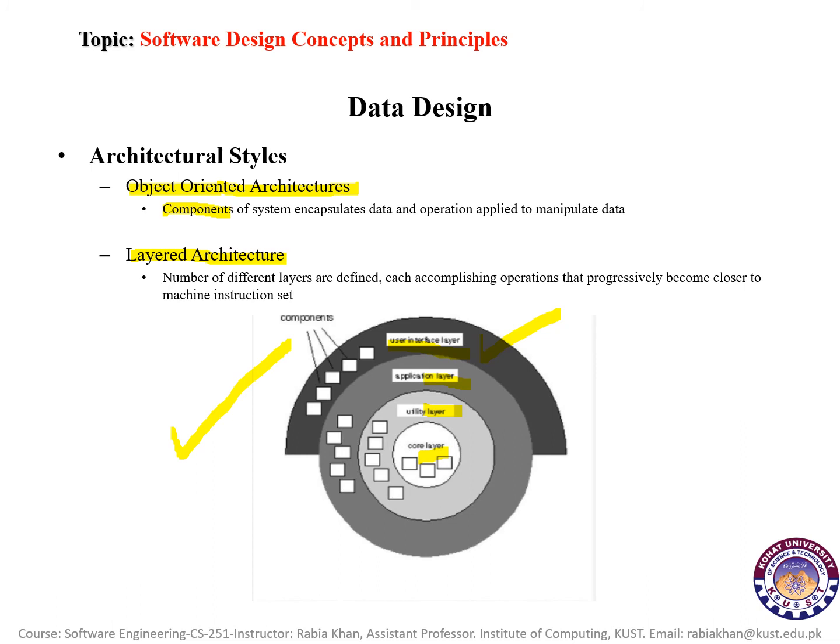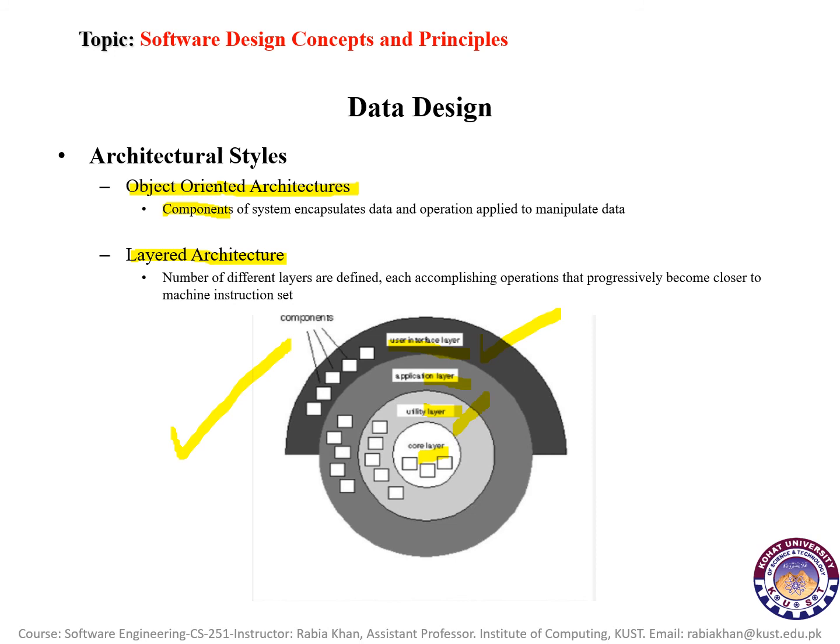The next layers, these two inner layers, the light gray shade and the dark gray shade, are the inner layers. The inner layer components perform operating system interfacing. So different inner layers work to interact with the operating system and make it understand what activities the user requires.